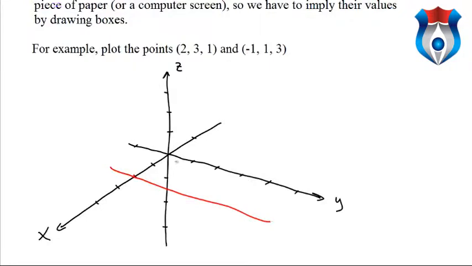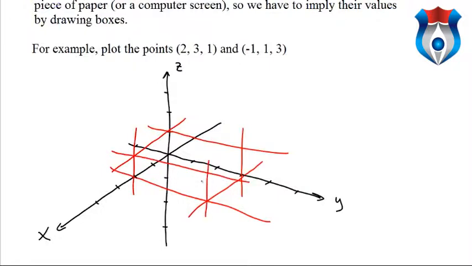We want 3 on the y-axis, so here's 1, 2, 3. We want our y value to be somewhere there, but we also want to be 1 point up. So we draw over like this, and we've made a box.